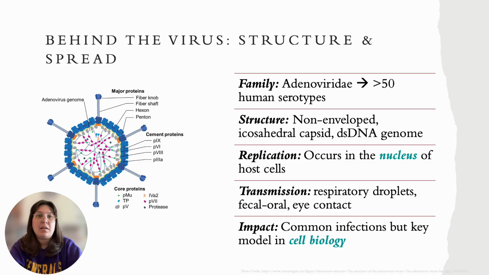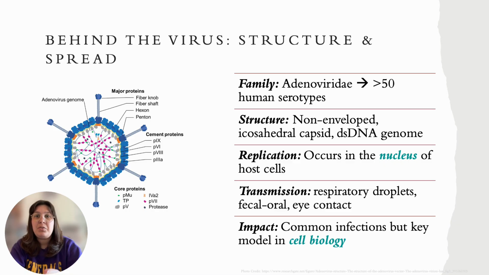All right, so now let's talk about the virus itself, its structure and its spread. The adenovirus belongs to the family called Adenoviridae, with more than 50 human serotypes. Structurally, they're non-enveloped viruses with an icosahedral capsid surrounding a double-stranded DNA genome. Replication usually occurs inside the nucleus of the host cell, which means they directly interact with our DNA machinery.